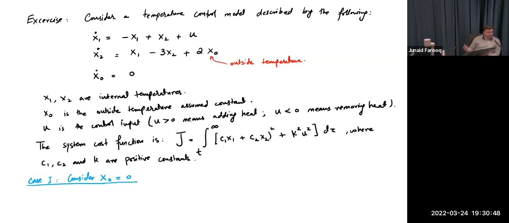So for now, following our previous example, we saw that if the external disturbance is a constant signal, then you could actually get rid of it and assume that it is being rejected at the output. It's being rejected by the controller.